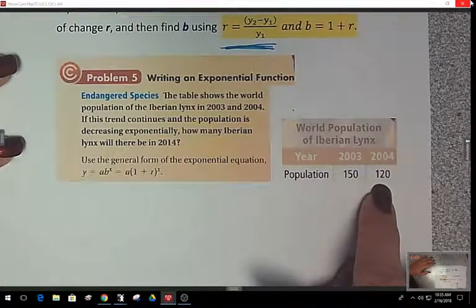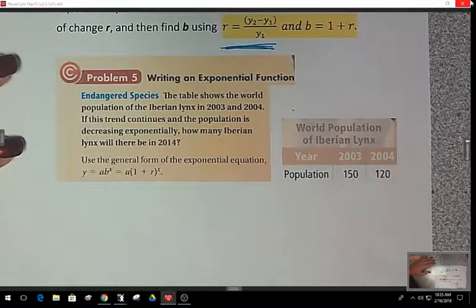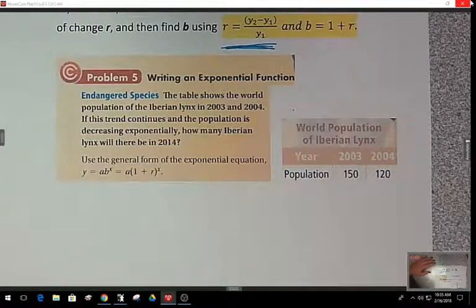In 2004 there's only 120 worldwide. If it continues like this, it will eventually become extinct unless they take some measures to protect it, like putting it on the endangered species list. But this problem is all about when it might become extinct if they don't take any precautions.